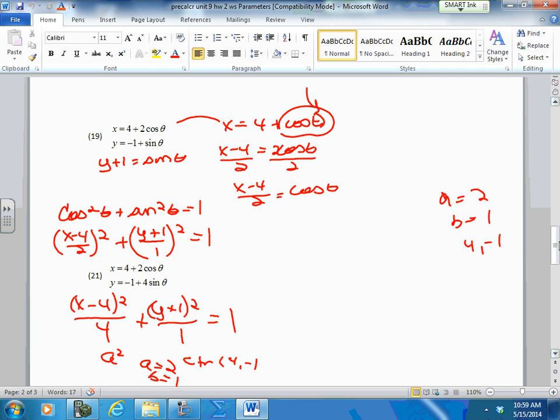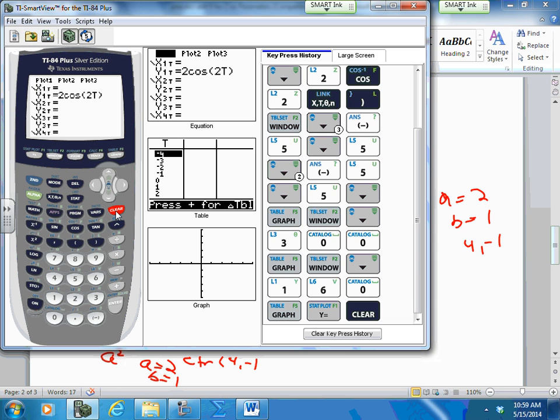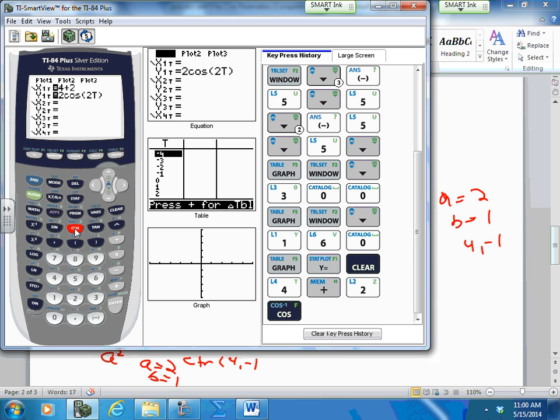Let's put this guy in your parametrics and see what it looks like. You said this x is my major axis, so I should see it horizontally oblong, right? Let's go back to your y equals. So we're going to plug in your first one, 4 plus 2 cosine. There's your parameter.